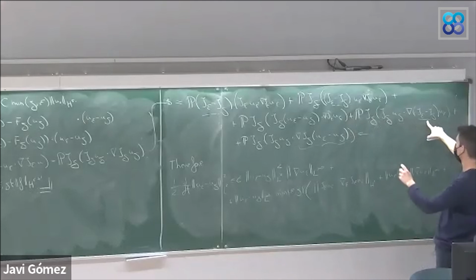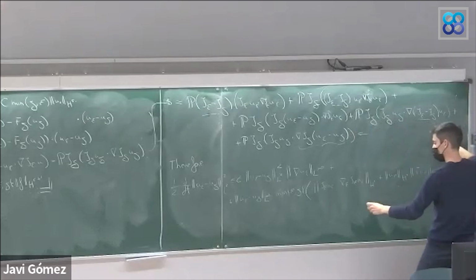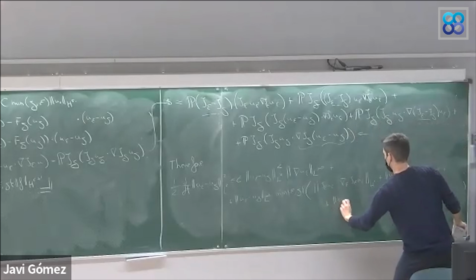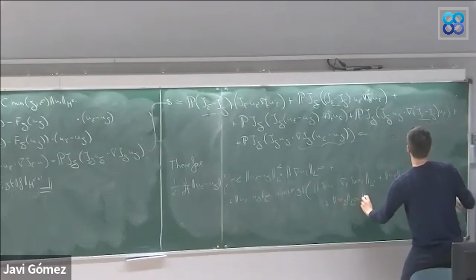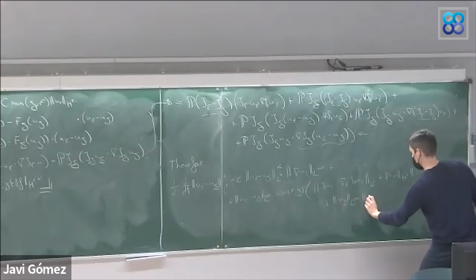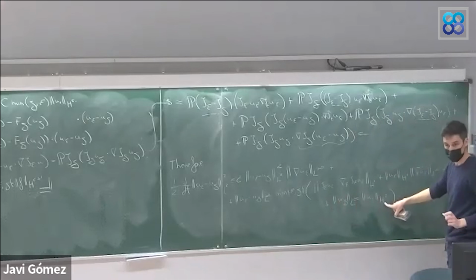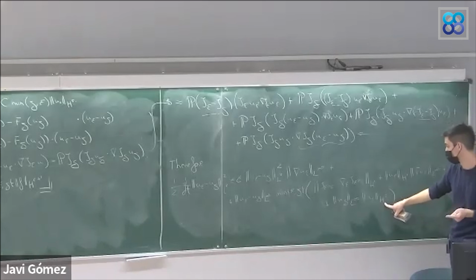This is the only part that remains. L2 of this, I will take, for example, L infinity here. And for this one, L2, so H1, H2. And H2 is okay because this is still less than S. S was bigger than 2.